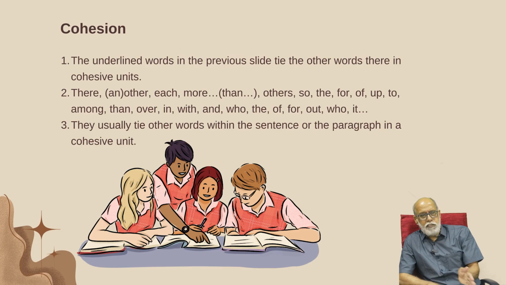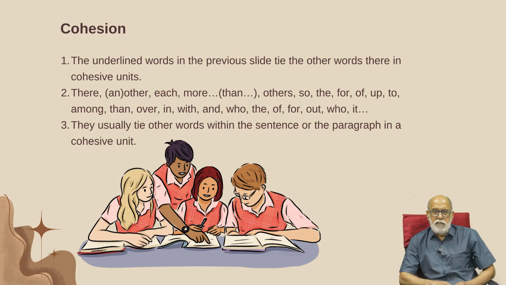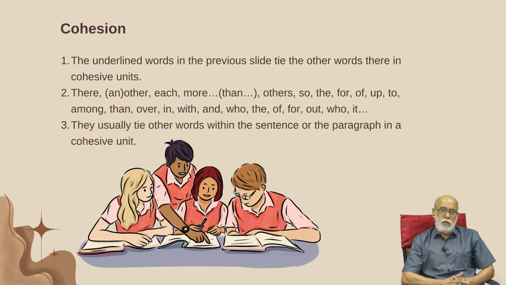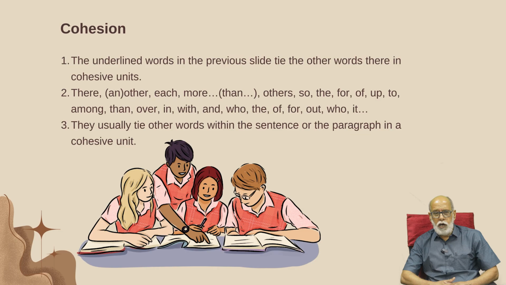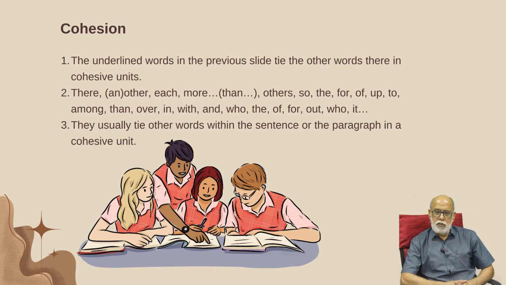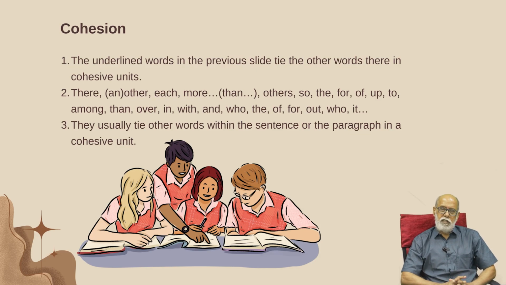Now, if you just say it is very hot, do not go out, then these two sentences are not linked. But when you say it is very hot, so do not go out, then they are linked. You can say it is raining, so take your umbrella. But if you say without that, it is not quite as clear. It is raining, take your umbrella. People who know can still say the two go together. But when you have a so there, then it is still clearer.